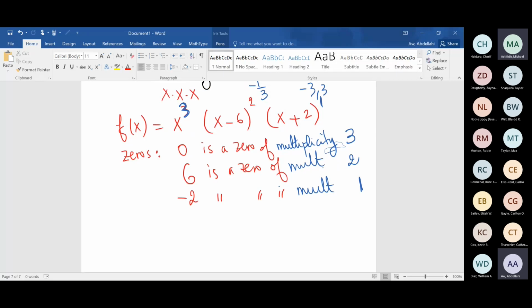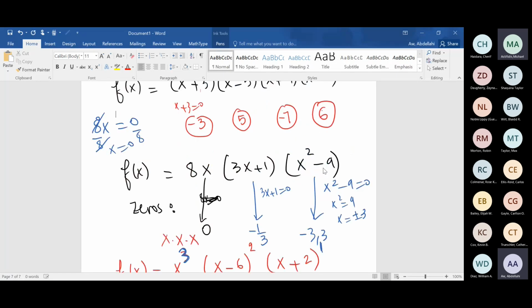If you break it down as x squared times x, you still have 3 x factors, and each factor corresponds to one multiplicity. So if you add them up, you get multiplicity 3, right? Okay, good. Thank you. So that is the definition of multiplicity. It's going to play a big role next, especially in the graph.